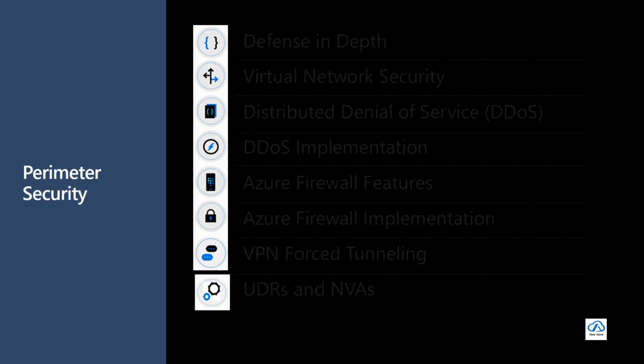So of course, you are going to have it, but from an AZ-500 perspective, the questions would be like, you have X kind of requirement. How are you going to help with the perimeter security? What kind of features are you going to use? Do you need to use VPN? My company has a requirement that all the traffic needs to go through on-prem and doesn't need to be exposed over the internet through Azure.